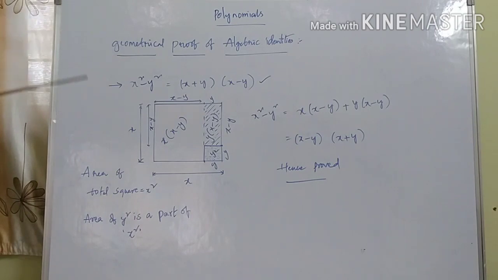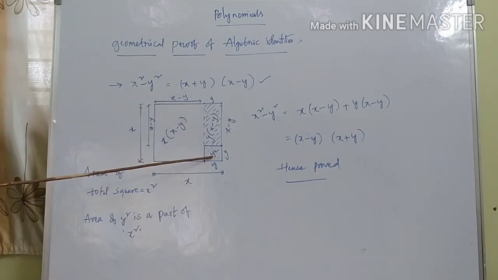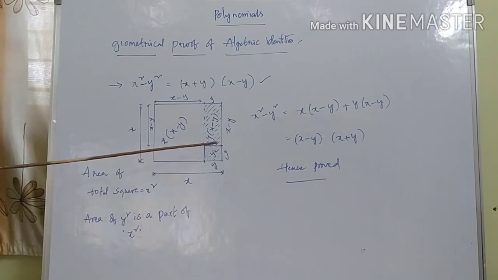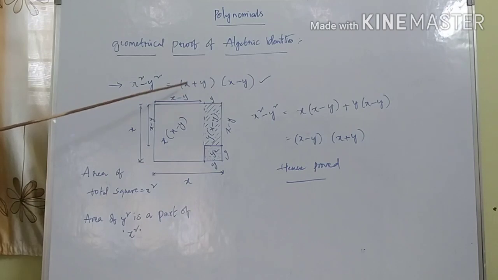So we have to remove a small square from inside this total square, that is equal to y square. So this small piece has area y square. The area of y square is a part of x square. This is a part of the total area.